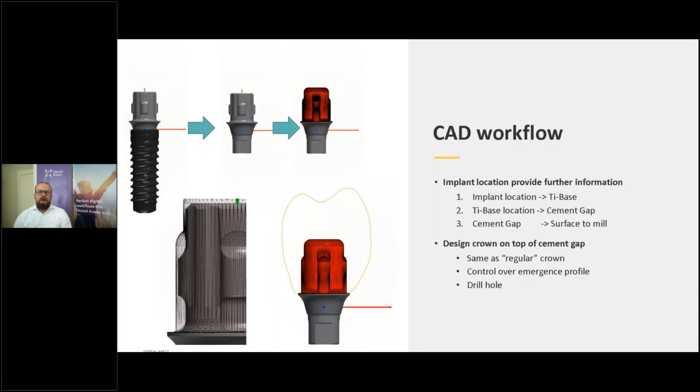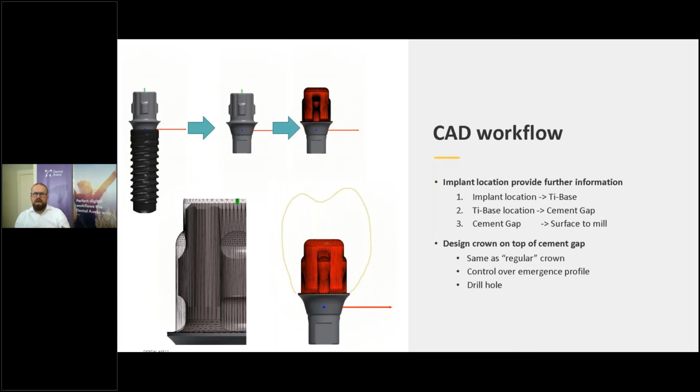When we are working with CAD/CAM, as we explained a little bit more before, when we have the position of the implant, we need to get it into our digital system. But then how are we going to work from that part? We have the implant position, so we know what the Ti-base position is going to be, or where your restoration will start. But from that part, we still need to work on that one, and we have the Ti-base location, and we need to know where our restoration is going to be.